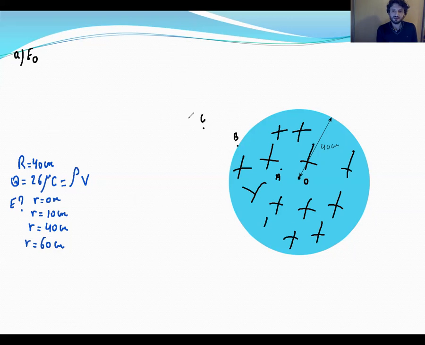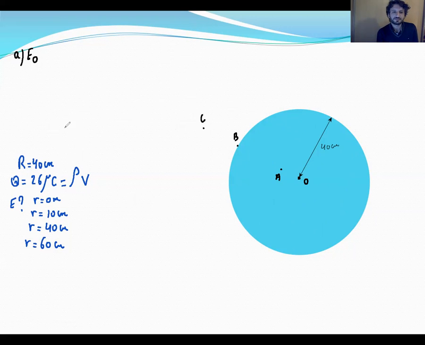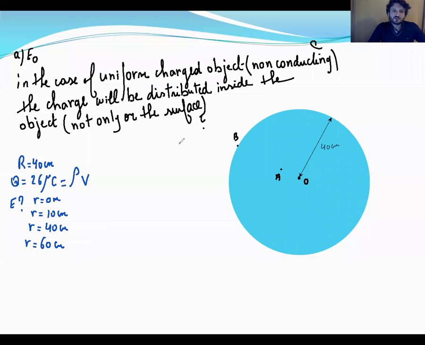In a general case, in the case of a uniform charged object or non-conducting object, the charge will be distributed inside the object, not only on the surface.